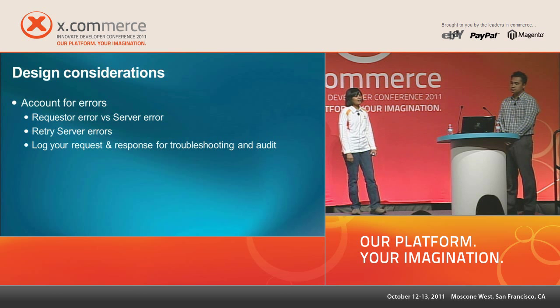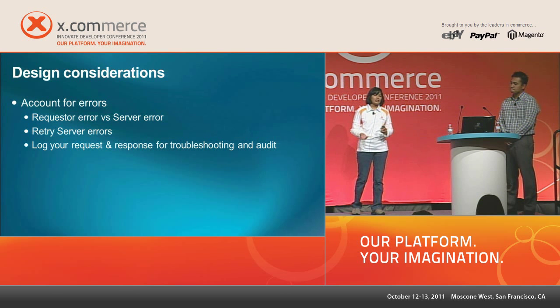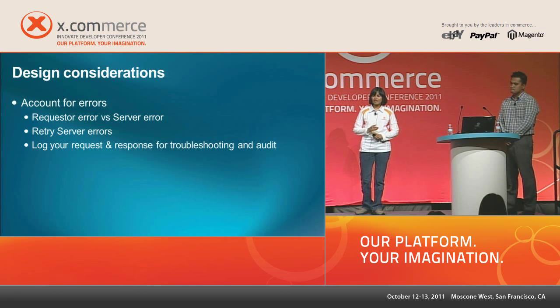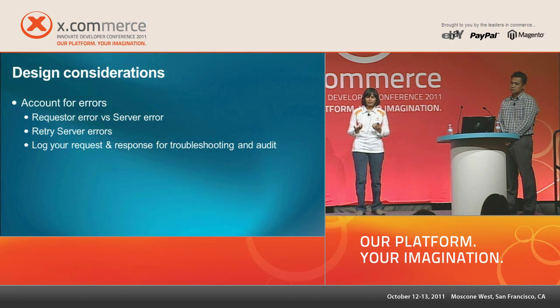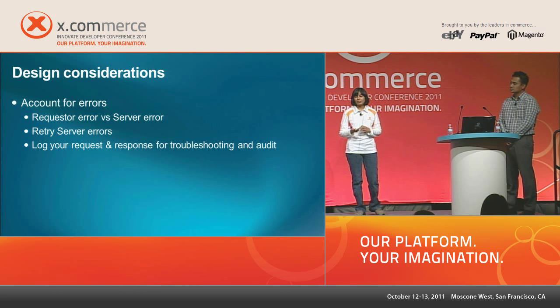Right. And in eBay parlance, there are 2 types of errors. One is the request error. It's because we sent an XML that ended up being incorrect. And the other type of errors are eBay server errors. They are rare, but they do happen. Life is not perfect.